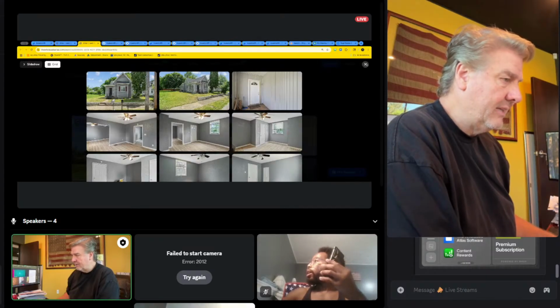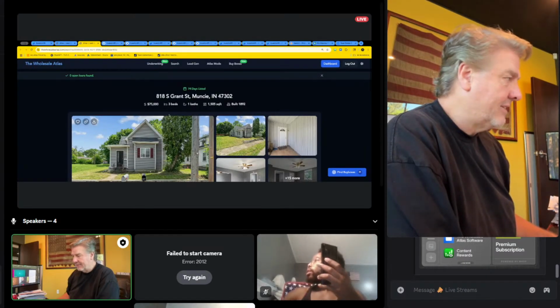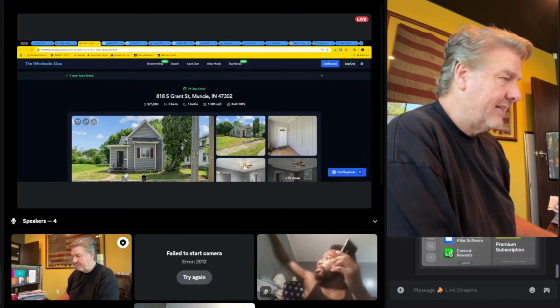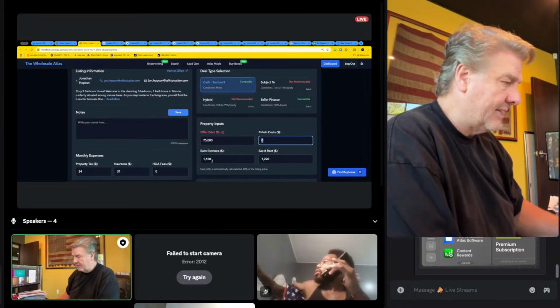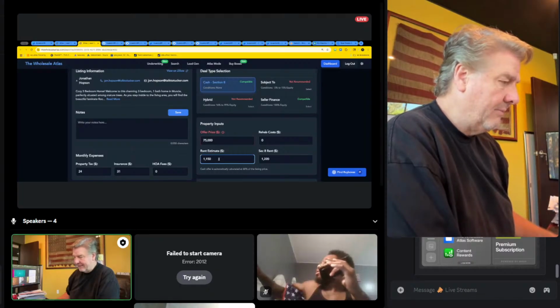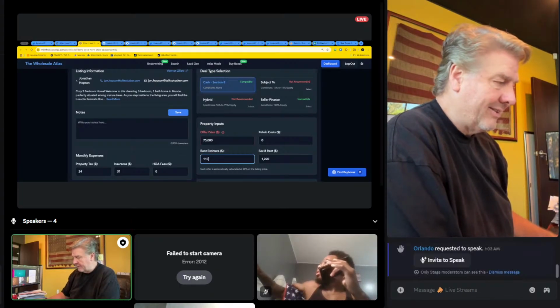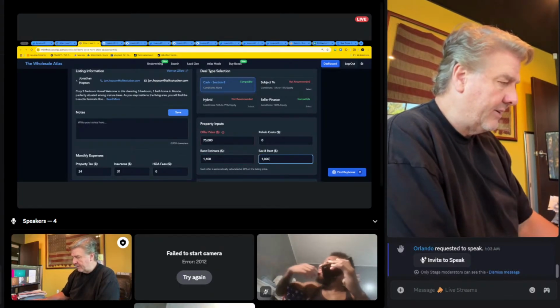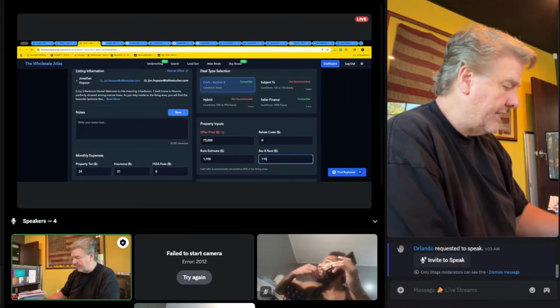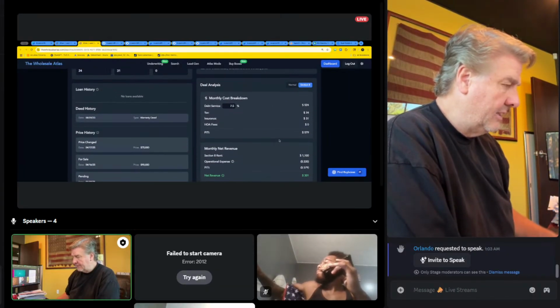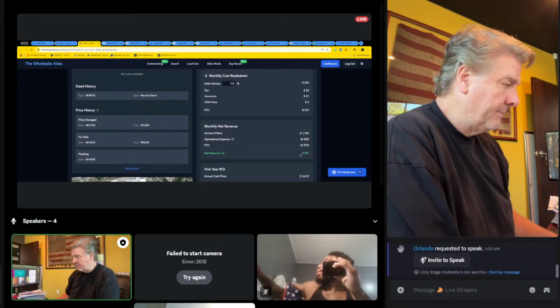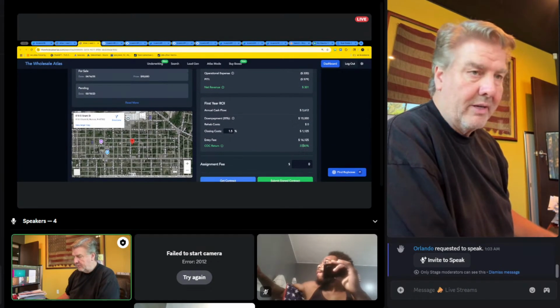With Wholesale Atlas, they also make life super simple. I always put in the purchase price they're asking, just to get the threshold. We'll assume the rents are 1,100. I'll round it down because they just gave me the rents here. It auto fills, and right off the bat we know we're going to cash flow $300 a month, 22%.